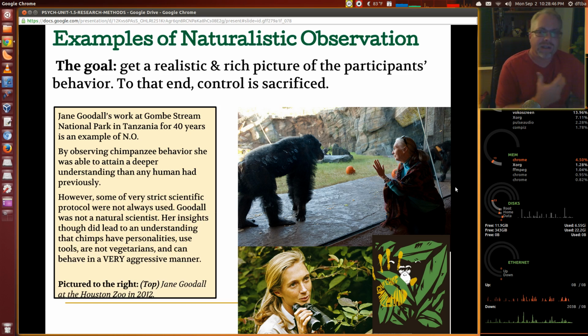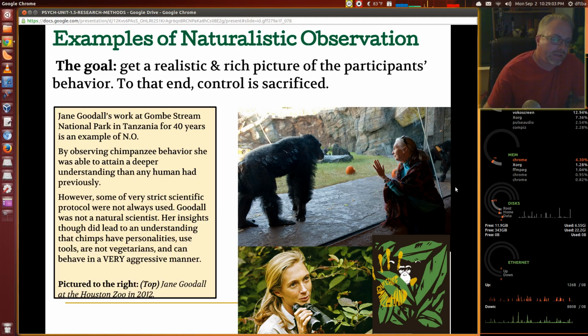Why? Because she used these techniques of naturalistic observation in a way that was intense and over a long period of time, and her observations were more complete than what had been done in the past.